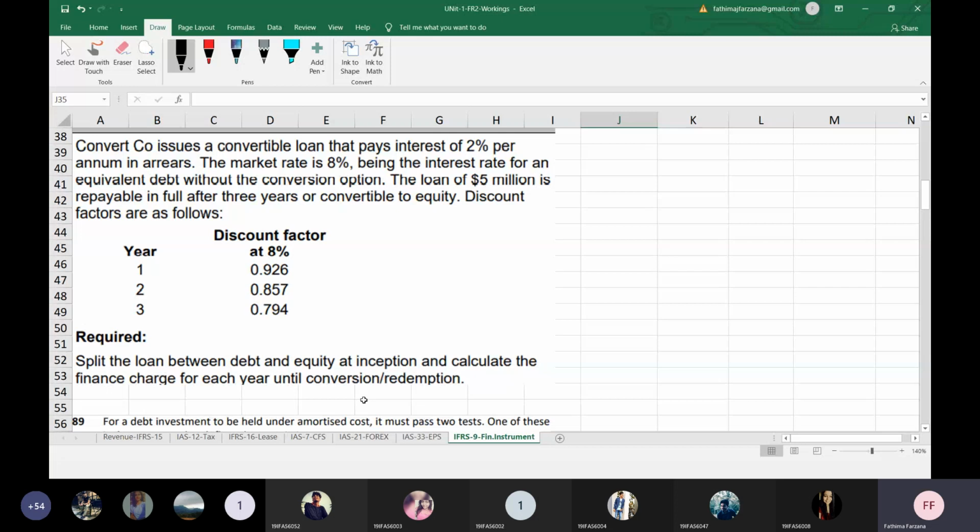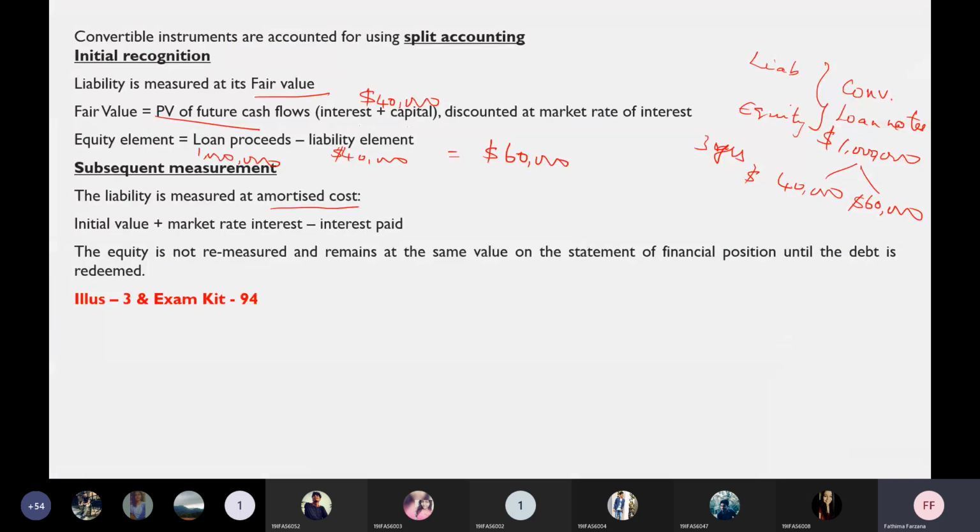They are telling here very clearly, split the loan between debt and equity at inception, that is, how you will do initial recognition, and calculate the finance charge for each year until conversion. So you have to do initial recognition first and then show how it will appear at the end. Let us see the PPT once again and come back.